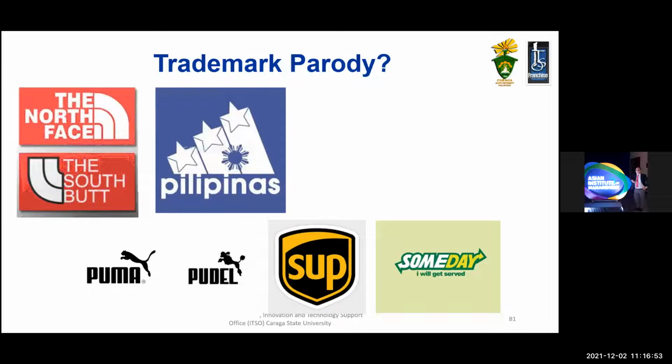For example, here is The North Face, a brand of clothing and bags and other things, and of course Filipinos are very creative, so they have the South Bat, because the shape is like a bat, and then you have their SUP, basically a logo like the UPS. So they try to make fun of it. This is what you call trademark parody.